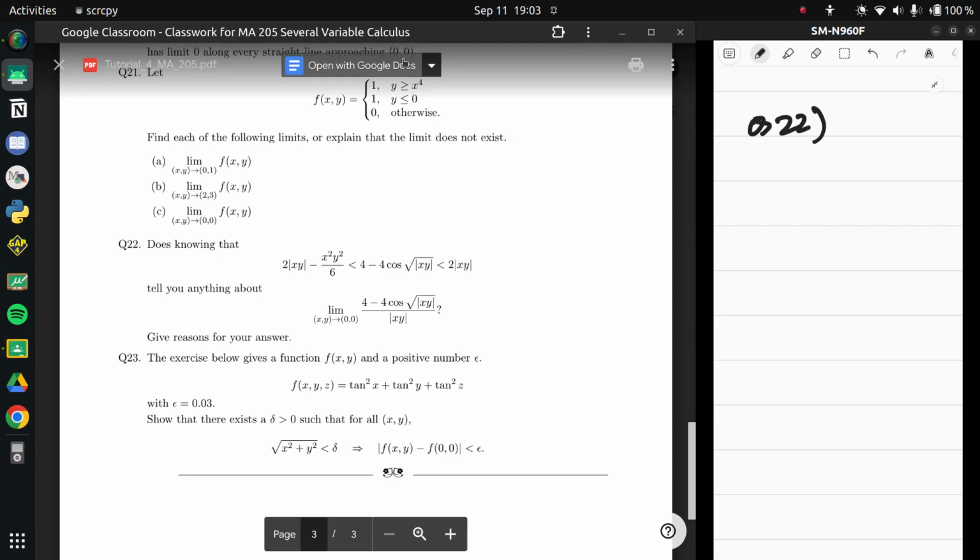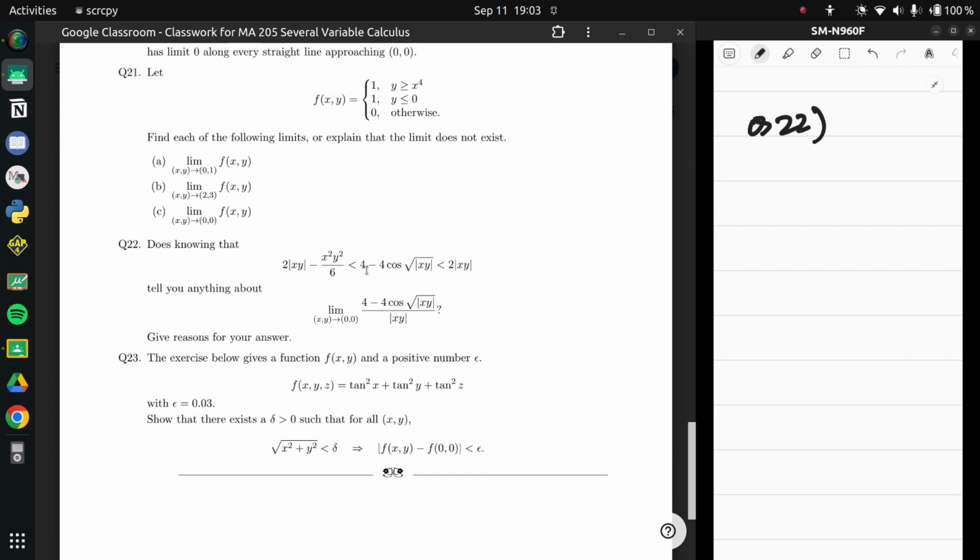So you're saying this is something that is true all the time? Saying it's less than 2xy. You just Taylor series expanded, didn't you? Yeah, you did. That's how you want it.